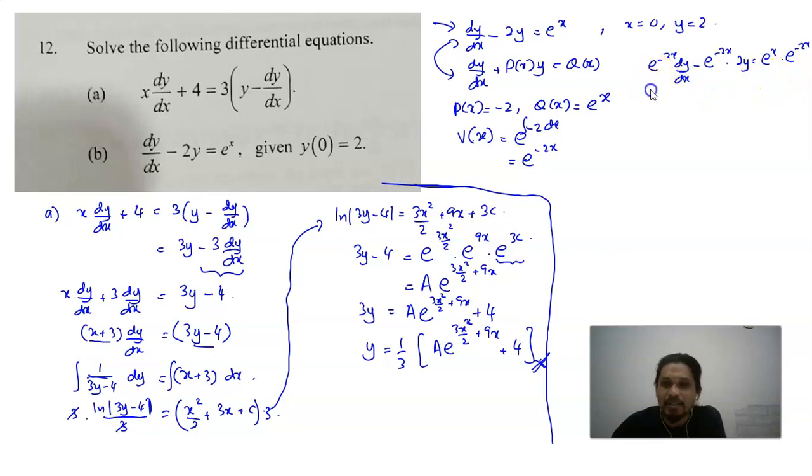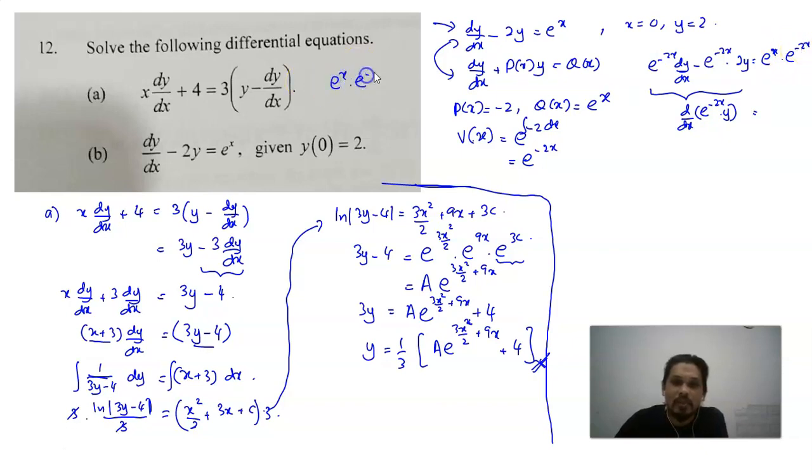So this one here is the derivative of e power of negative 2x times y equal to, what about this one here now? e power of x and e power of negative 2x.